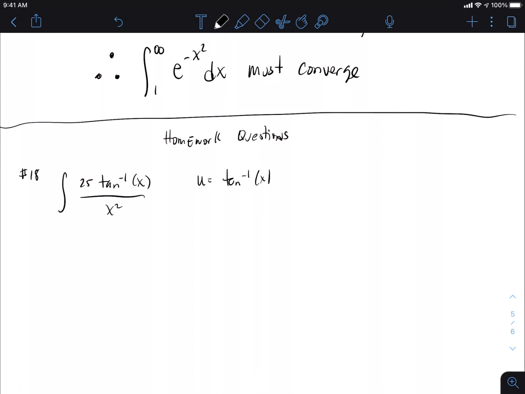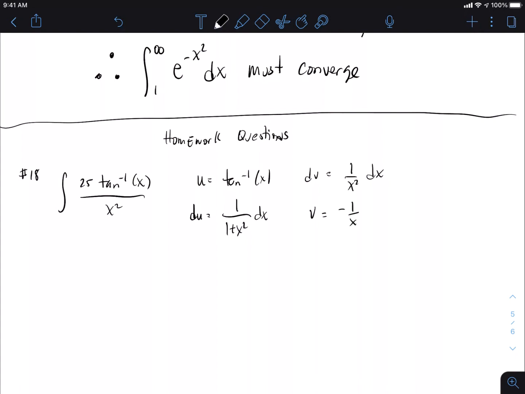So u is tan inverse, and your dv would be the 1 over x squared dx, and we can pull the 25 out. So then my du is going to be 1 over 1 plus x squared dx, and my v is going to be a negative 1 over x, correct?